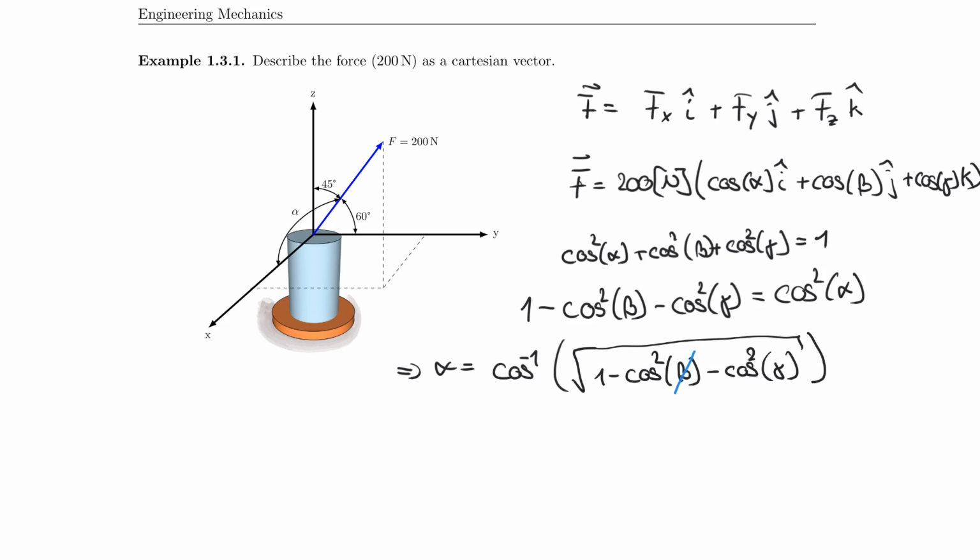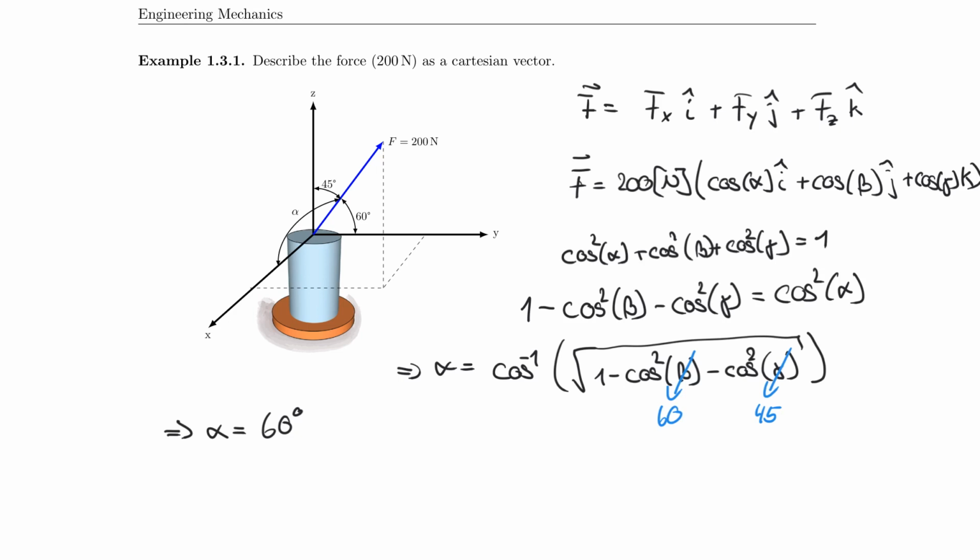Now all I have to do is replace these values. So beta in this case is equal to 60 and gamma is equal to 45. And if I now complete this, what you will find is that alpha is equal to 60 degrees as well.